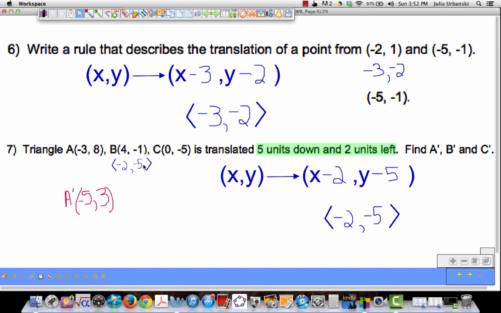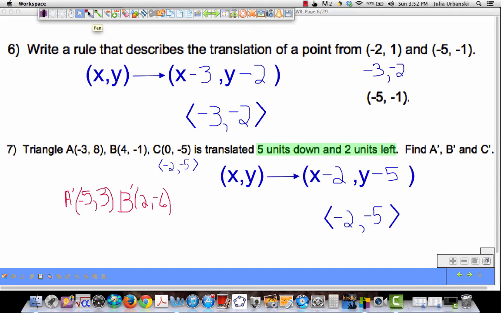So for B prime, you take your original B and you subtract (2, 5). 4 minus 2 is 2. And -1 minus 5 is -6. So there's your new answer for B. And you do the same thing for C. C is (0, -5).